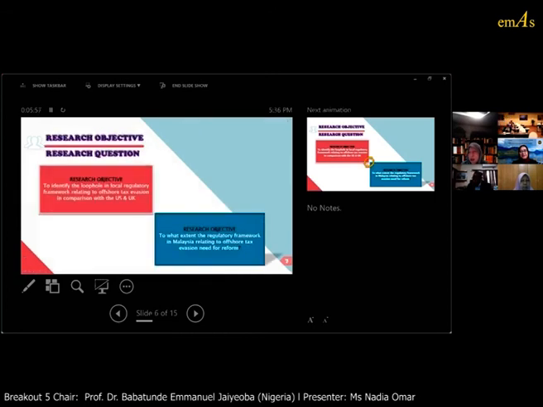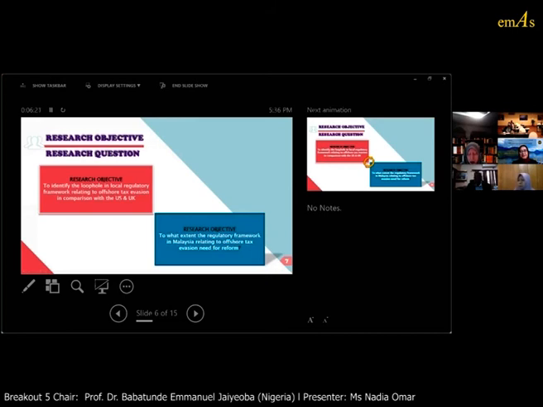So what are the research objective and research question? The objective here is to identify the loopholes in the local regulatory framework relating to offshore tax evasion, in comparison with the UK and US. So why the UK and US?